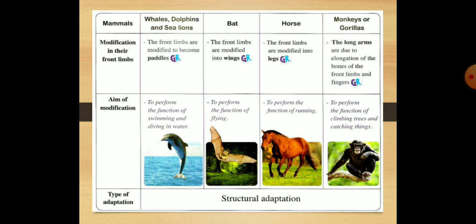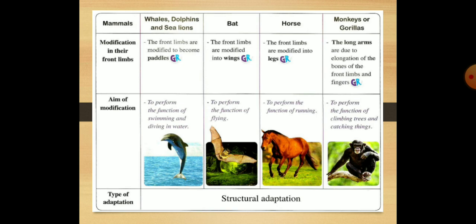The following table shows the modification in some mammals' front limbs to move in different ways that match their environment. So we'll start with the whales, dolphins, and sea lions. The front limbs are modified to become paddles to perform the function of swimming and diving in water.